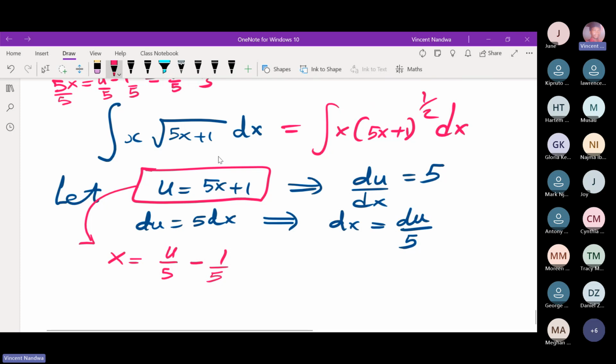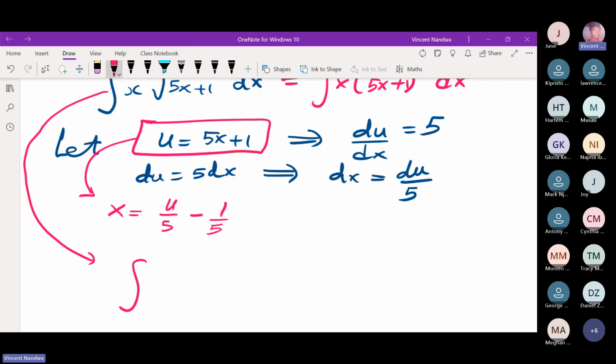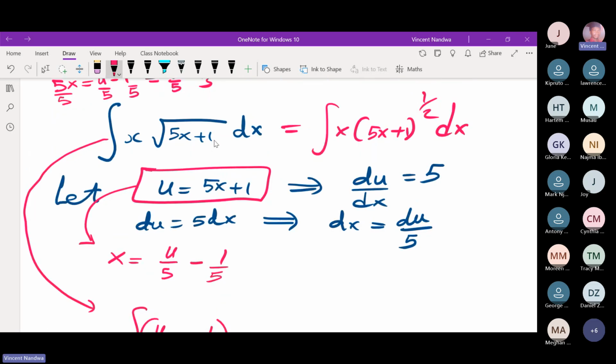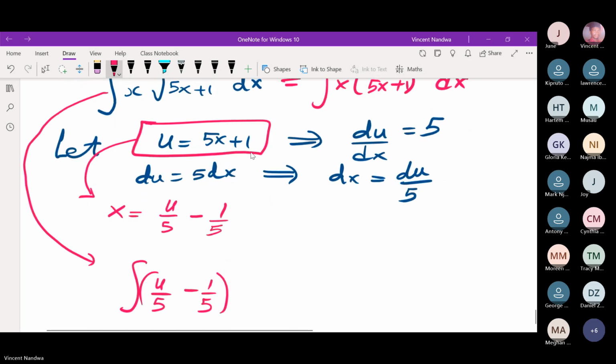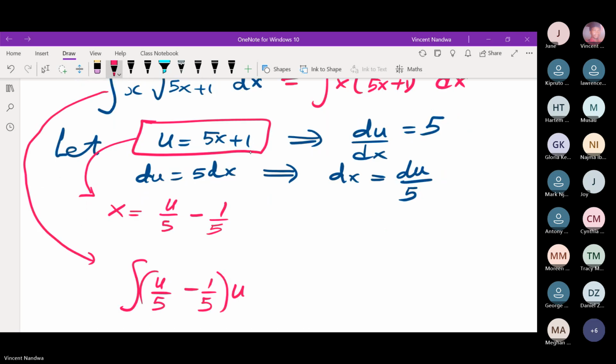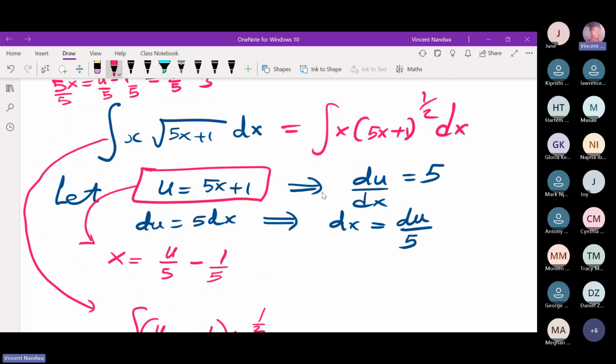So therefore, to rewrite this integral, we'll have the integral of u over 5 minus 1 over 5, times the square root of 5x plus 1, which will be u to the power half, then times dx, which will be du over 5.